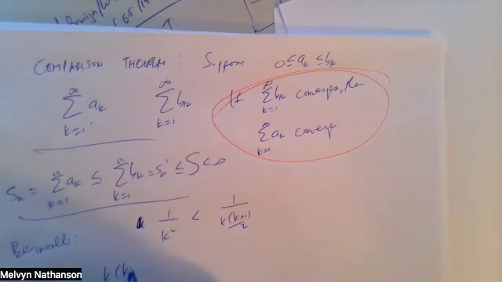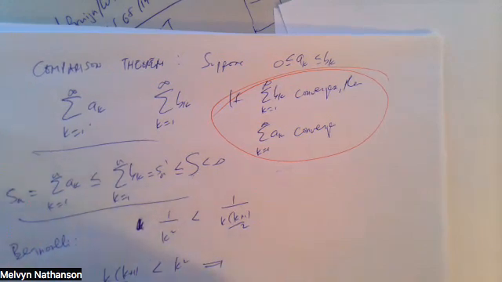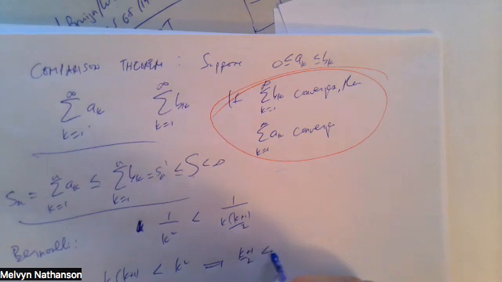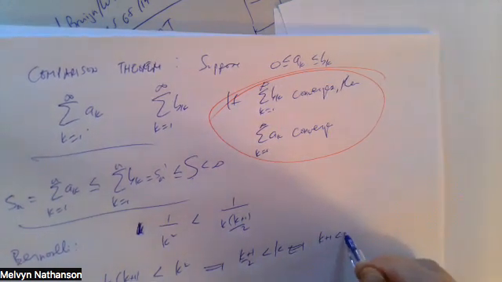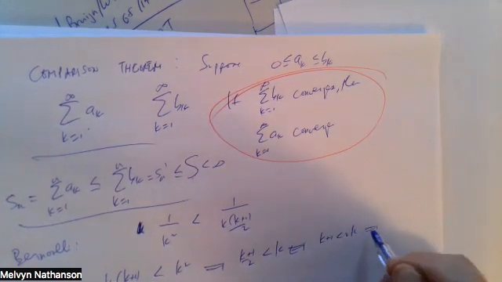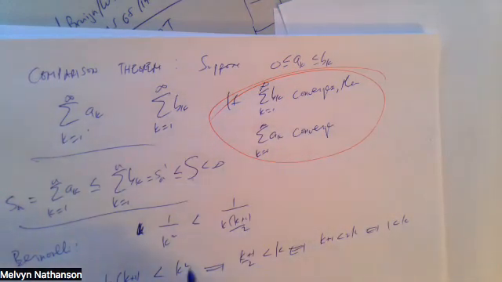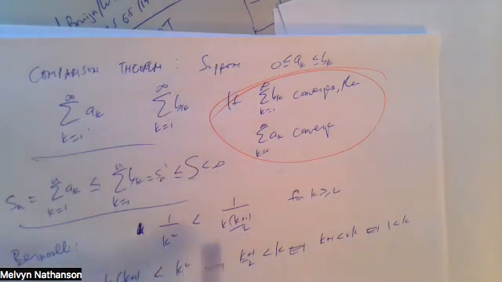So k times (k plus 1)/2 is less than k squared. And if you cancel the k's, that says (k plus 1)/2 is less than k, which means k plus 1 is less than 2k, which is true whenever, subtract k, k is bigger than 1. So these are equal when k equals 1, but for k greater than or equal to 2, this fraction is strictly smaller than this fraction.